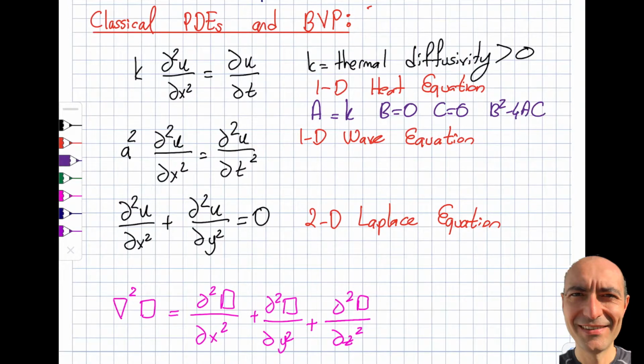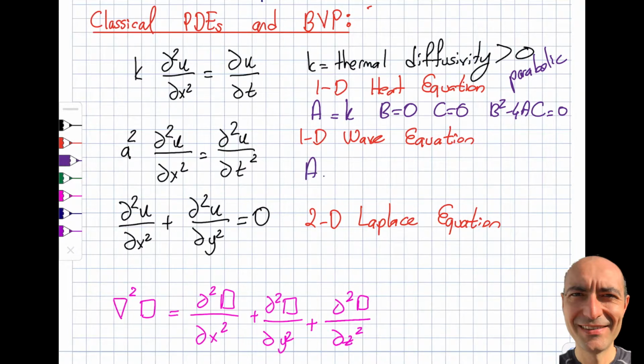If you don't know what I'm talking about, please visit the previous segment, where I discussed this in more detail. In this case, B is 0, so that term is gone. A times C, C is 0, so I got 0. So my heat equation turns out to be parabolic.